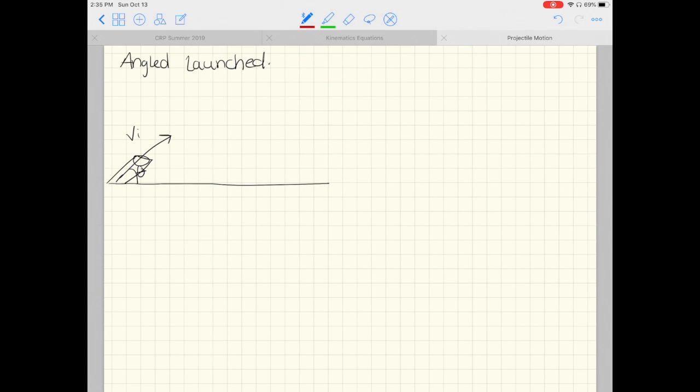We like to use the horizontal and the vertical components. So the first step in doing an angled launch is to resolve the vector.